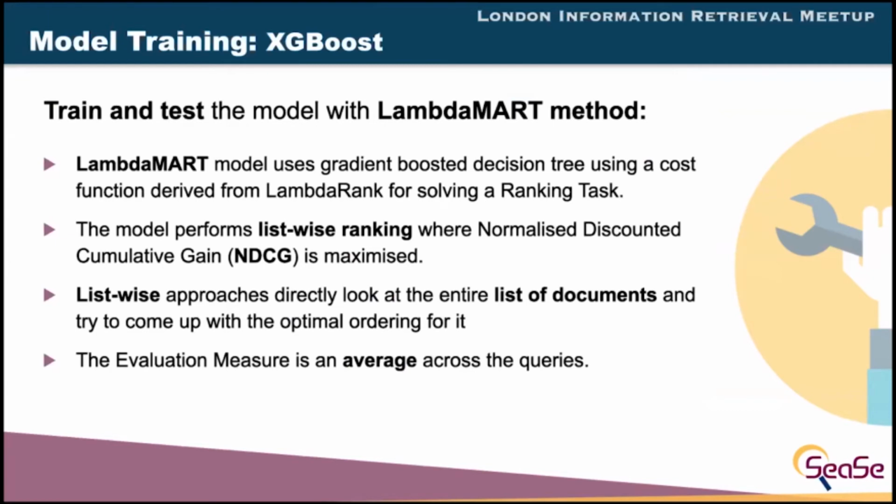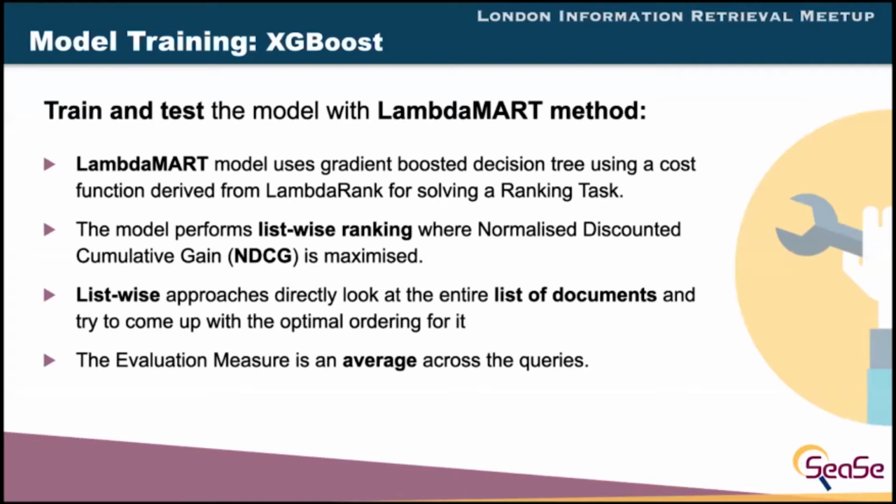So now we can train the model using the lambda-mart method. Lambda-mart is a combination of the lambda-rank and mart algorithms. The model performs list-wise ranking, so this approach directly looks at the entire list of documents and tries to come up with the optimal ordering for it. To measure the output of the model, we use a metric called normalized discounted cumulative gain.